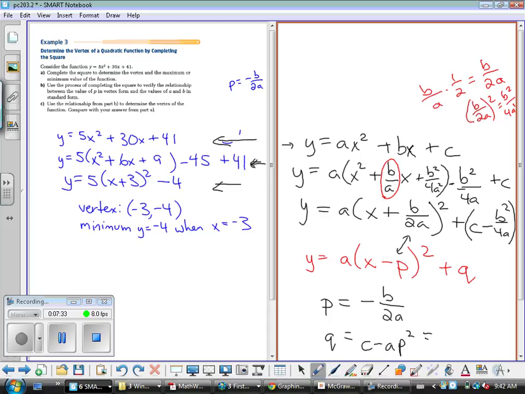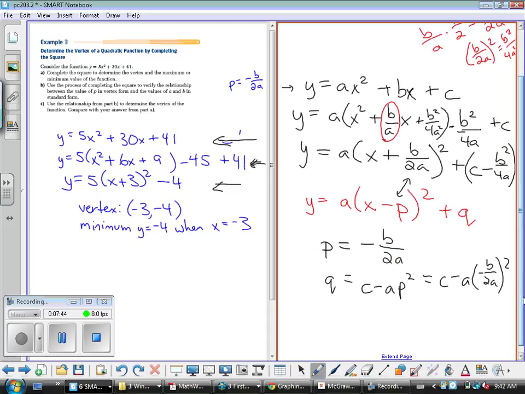Okay, and then if you put that c minus a times negative b over 2a, squared, you get c minus a b squared over 4a squared. Oops, that was squared. Okay, and then you just end up canceling out that factor of a, so c minus b squared over 4a. Okay?